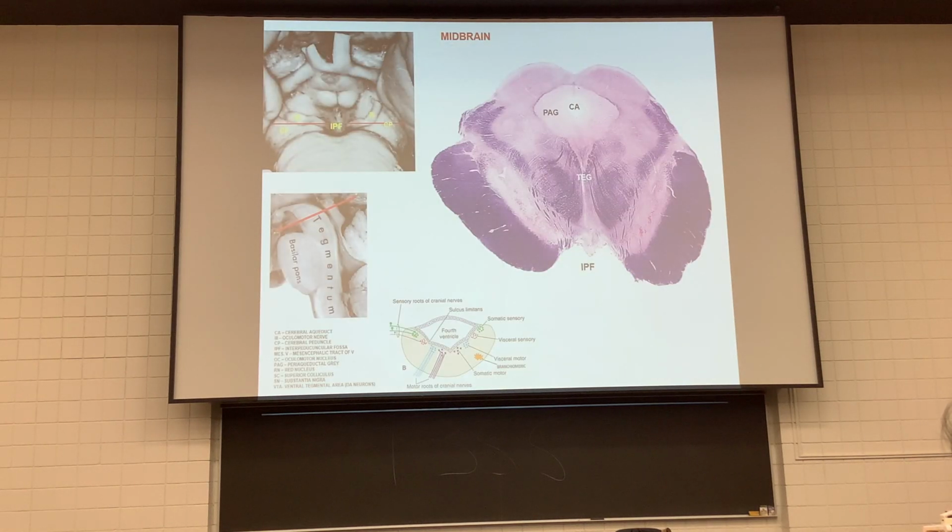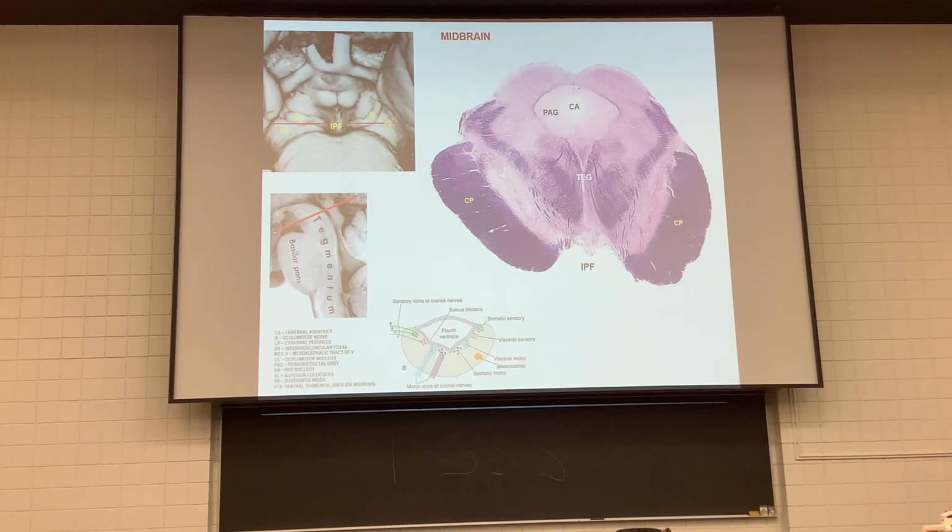Okay, last level. Midbrain, right through the middle of the midbrain. Again, very characteristic shape. We have these 2 big stalks or columns sitting most ventral, which we call the cerebral peduncle.